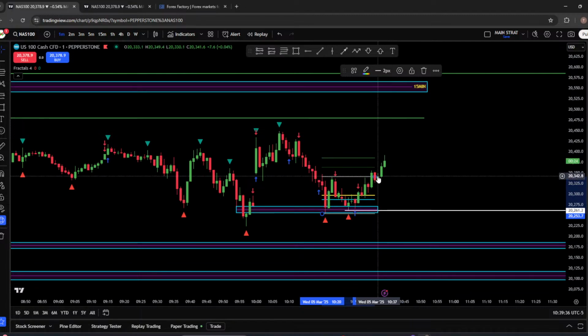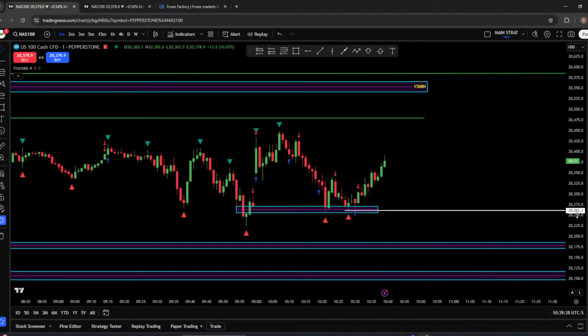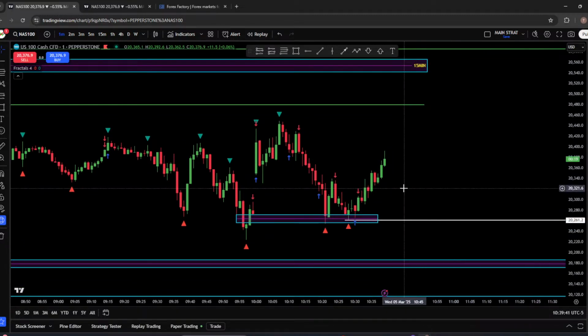Should see a little bit of a reversal here, or a little bit of a dip.